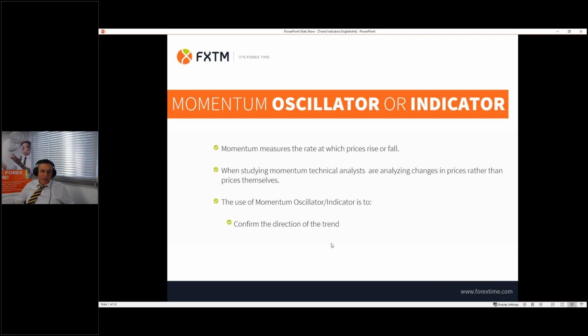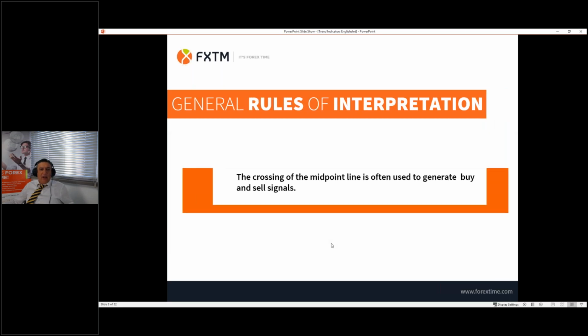All right, very good. So, general rules of interpreting the momentum. I have to explain here for the beginners that oscillators have a baseline. Some oscillators have a zero baseline, like MACD. Some other oscillators have a 50 baseline, like RSI.